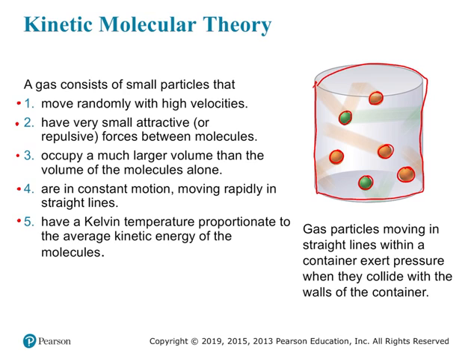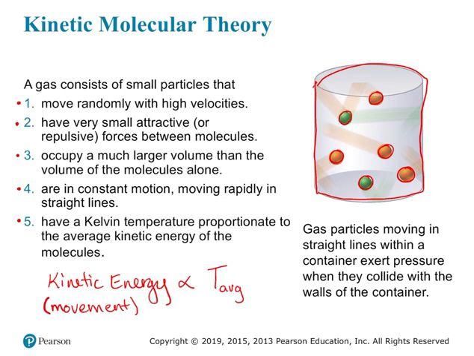So really all that's saying is that kinetic energy, which is the energy of movement, is proportional, so that's our symbol for proportional, to the temperature or the average temperature of the gas.